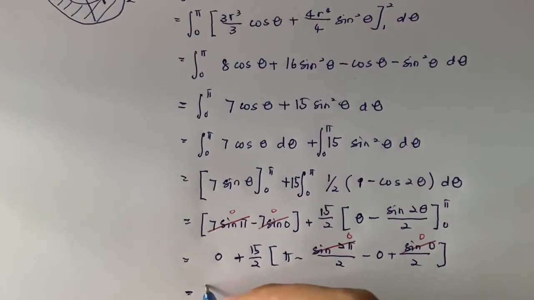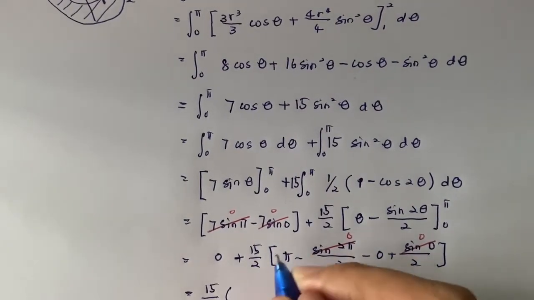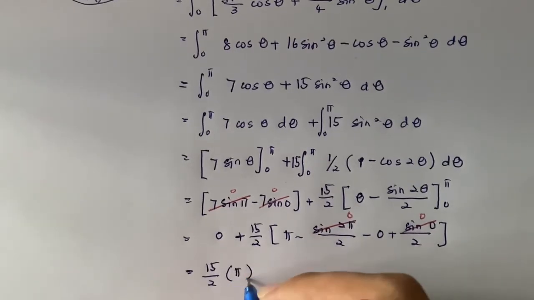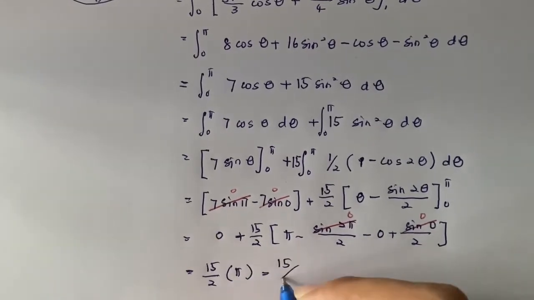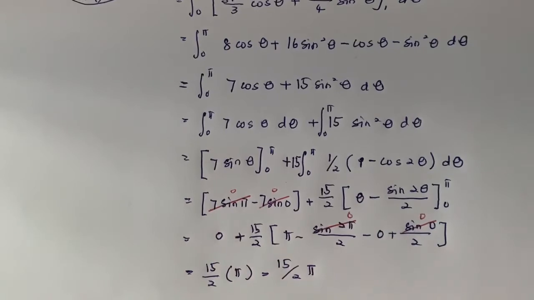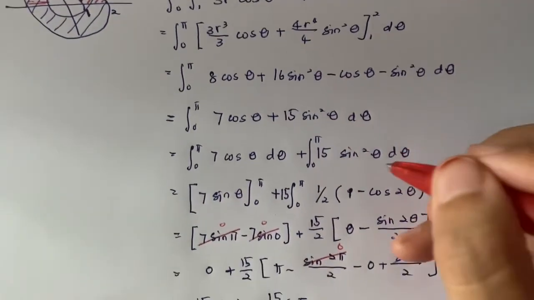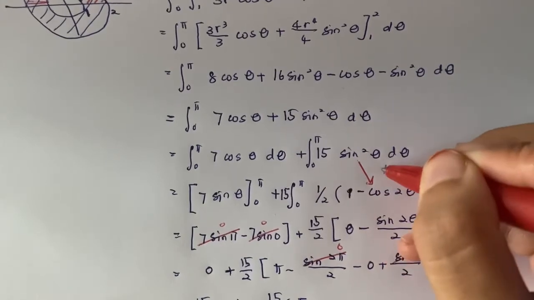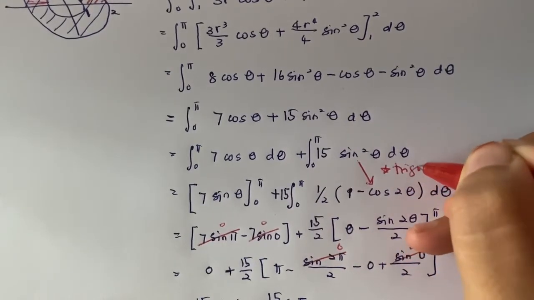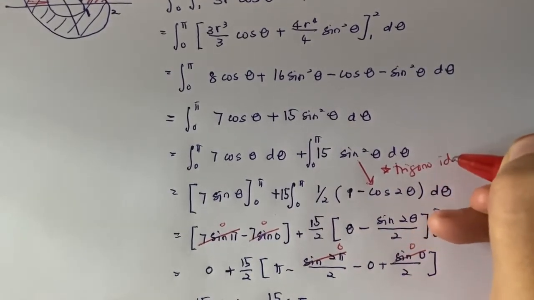So the last answer is 15 over 2 multiplied by pi. So 15/2 pi. So from here to here, you need to use the trigonometric identity.